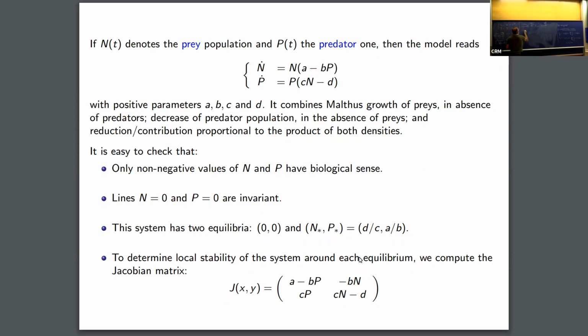So I have (c N minus d) divided by N. You have this equal to, and this is (a minus b P) divided by P, times dP/dt. I continue. I put everything on one side. And also I simplify. In which way? This is c minus d over N, and this is just a over P minus b. Okay? I put everything there, and I continue.